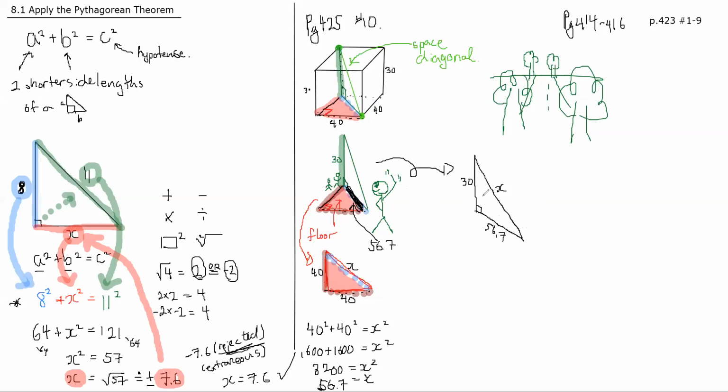What is my hypotenuse of this right angle triangle? 30 squared plus 56.7 squared equals x squared. 30 squared plus 56.7 squared, square root that. Do the work. X should equal approximately 64 units, whatever that unit might be. For this box, the space diagonal is 64, and you were able to calculate it by simply doing Pythagorean theorem twice.